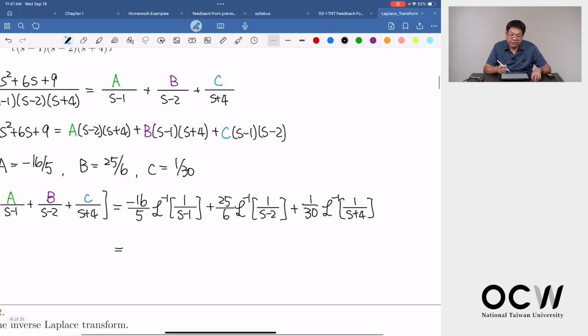Then you get minus 16 over 5. This is e to the t. Second one, e to the 2t. Third one, e to the minus 4t. Okay.